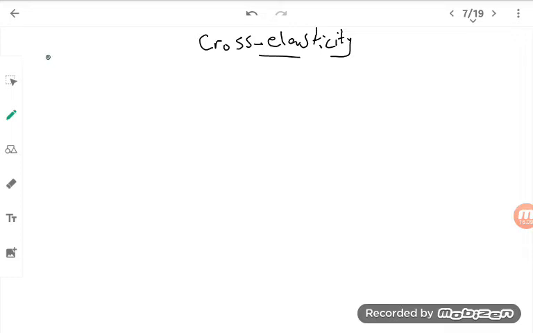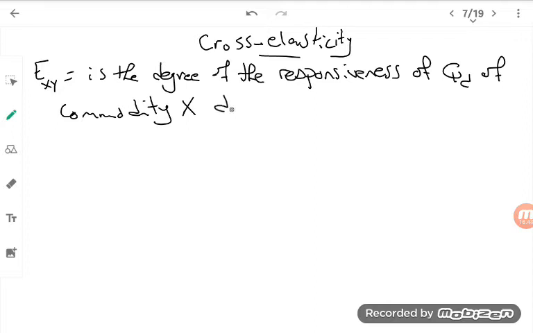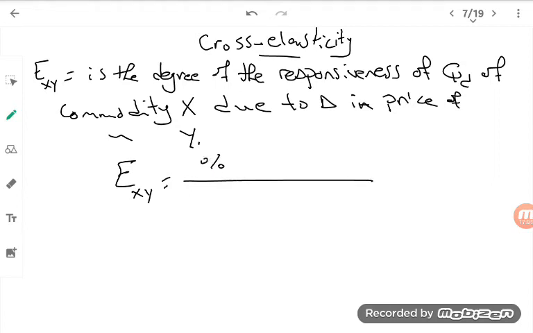So this means that EXY, which is the cross elasticity of demand, is the degree of the responsiveness of quantity demanded of X, of commodity X, due to change in price of commodity Y. It's calculated as percentage change in quantity demanded of X divided by percentage change in price of Y.